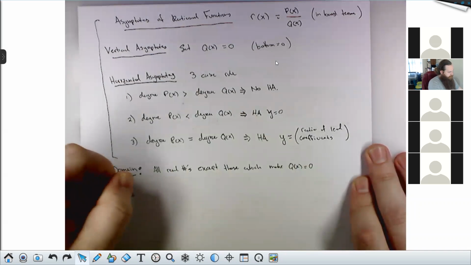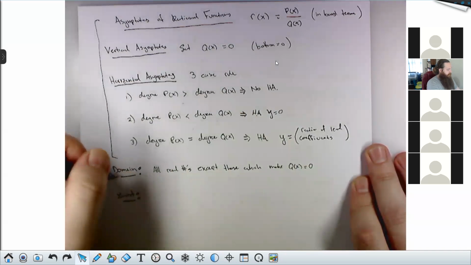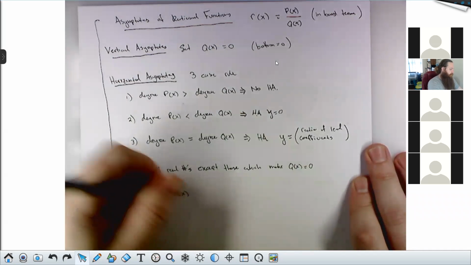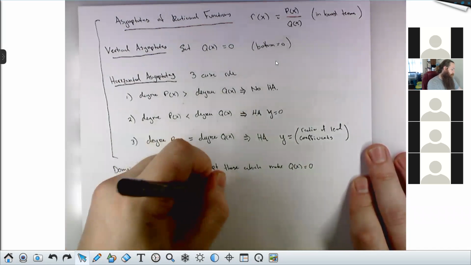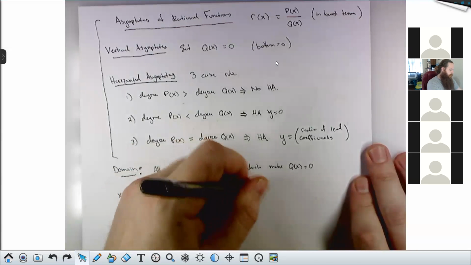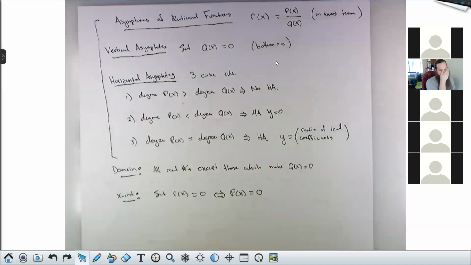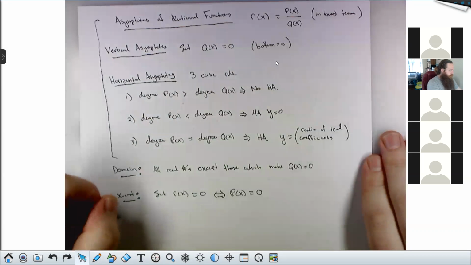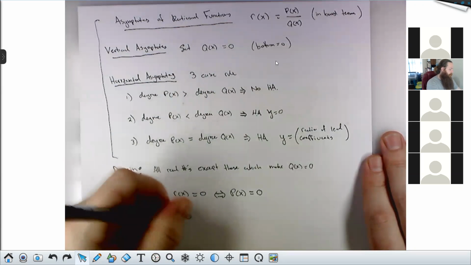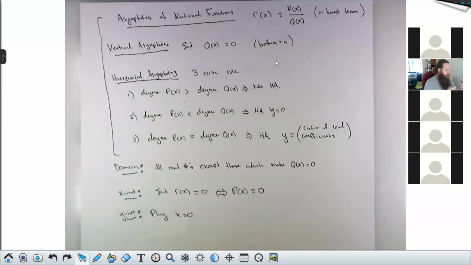X-intercepts, you find these by setting the whole function equal to 0, which is the same as setting the top equal to 0. So a fraction will be 0 if and only if its top is 0. And y-intercepts, you always find these by plugging in x equals 0. So if you have the intercepts, the domain, and the asymptotes of a rational function, you should be able to draw a pretty good graph.